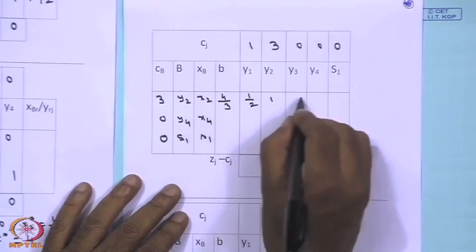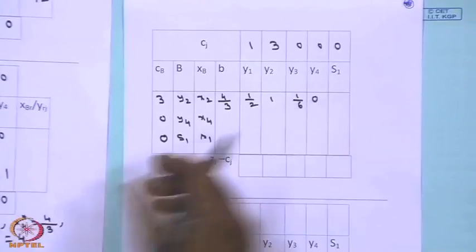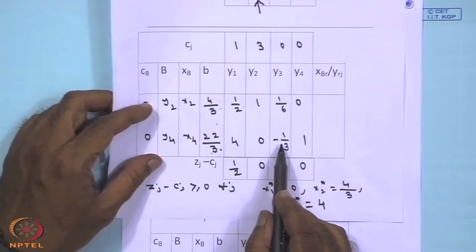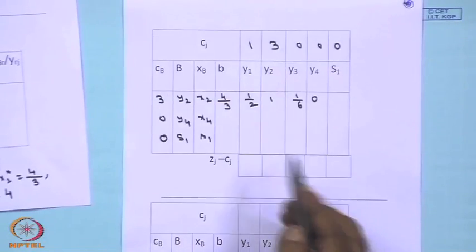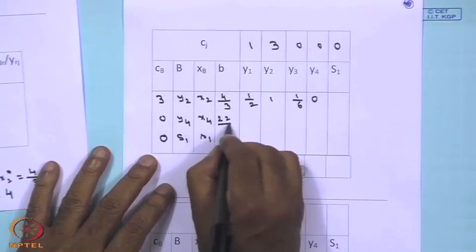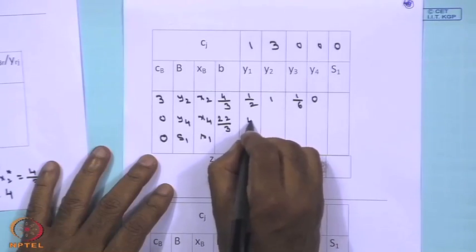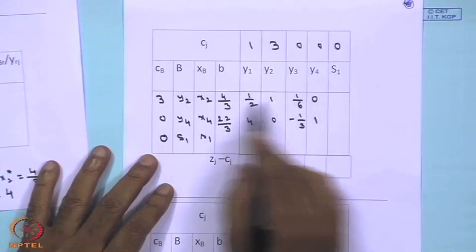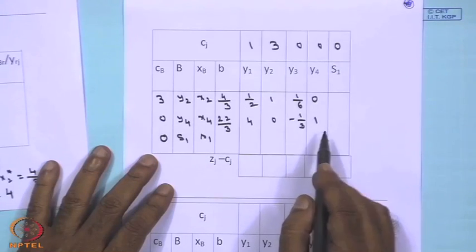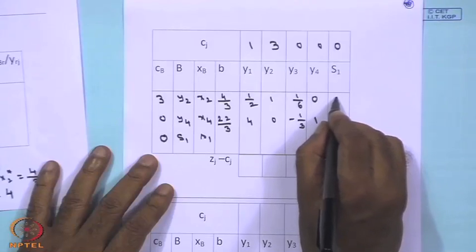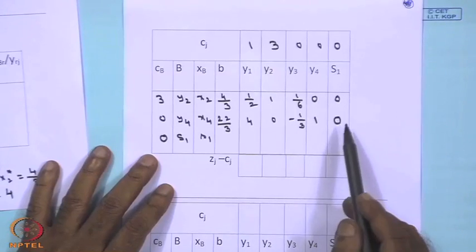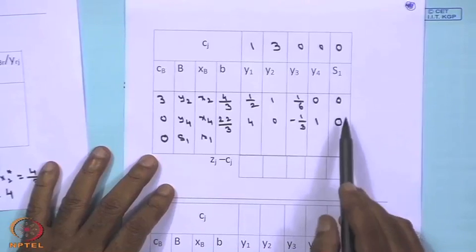The next row is the same: 22 by 3, 4, 0, minus 1/3 and 1. So, these two rows remain intact, you have not changed this. Here your S 1 value is 0, here also S 1 value is 0. For the first two variables, S 1 was not there in the equality constraints.